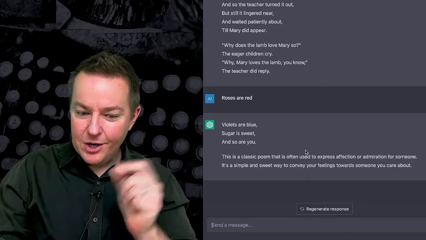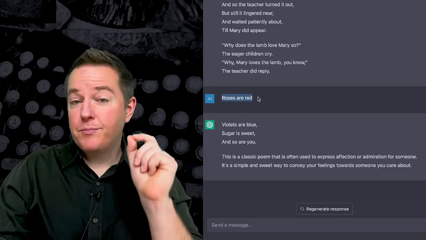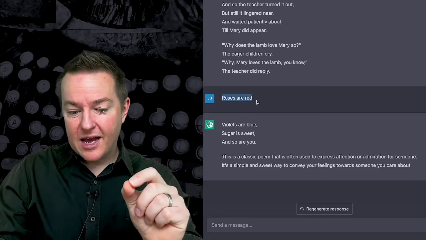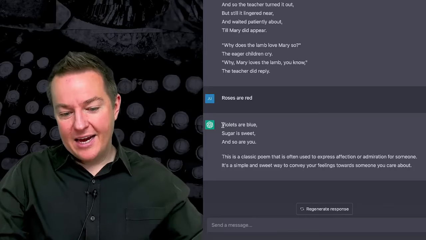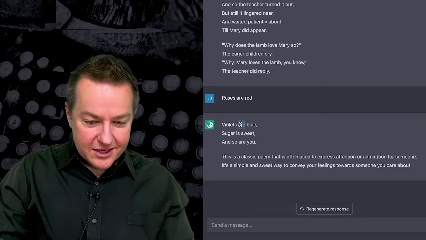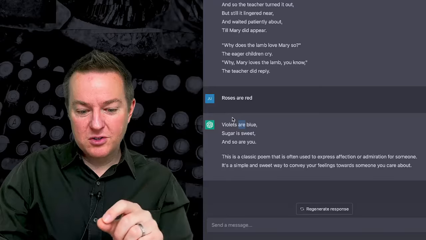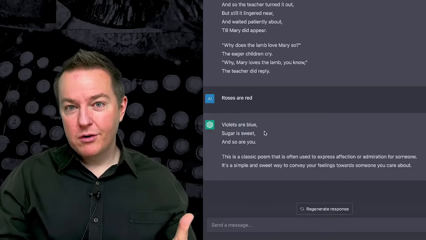But the key thing to note is it's doing next word prediction. I said "roses are red," and it's picking up where I stopped and predicting the next word, which is "violets." It's then adding that in, and it's saying "roses are red, violets," and it's predicting "are." It's then going back, adding that in, and it says "roses are red, violets are," and it's predicting "blue." And it's doing this over and over.